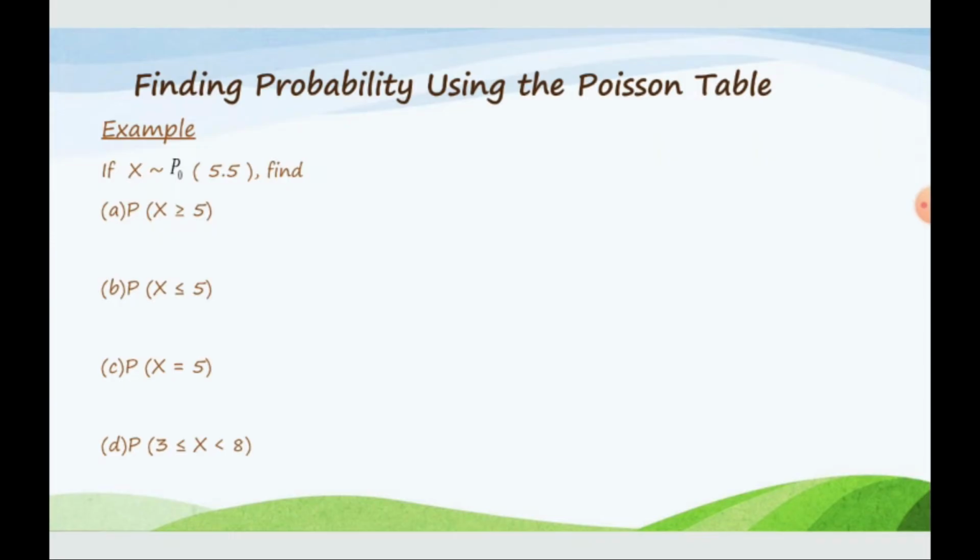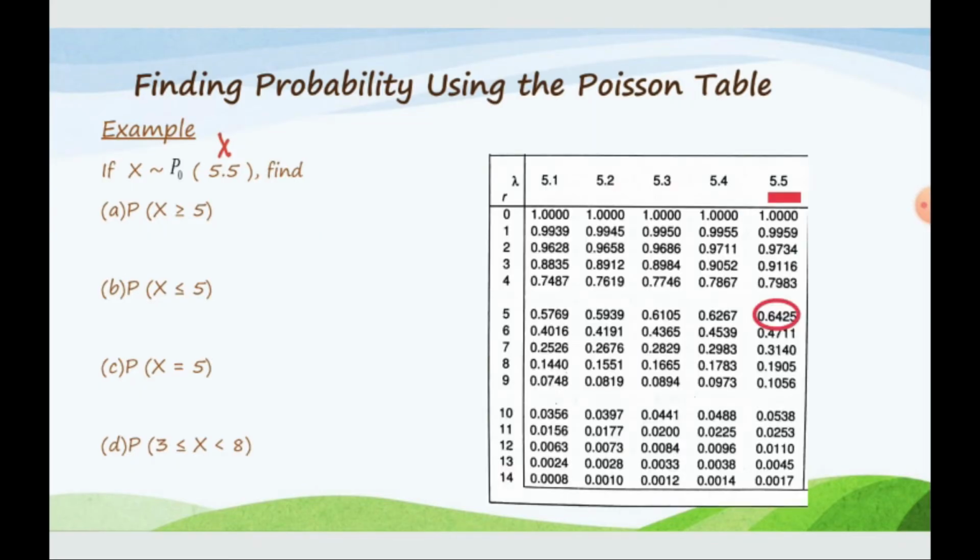For example, if X has a Poisson distribution where lambda is 5.5, you open the book, the statistical table, part Poisson. The Poisson table starts from page 10. So lambda 5.5 is at page 13.